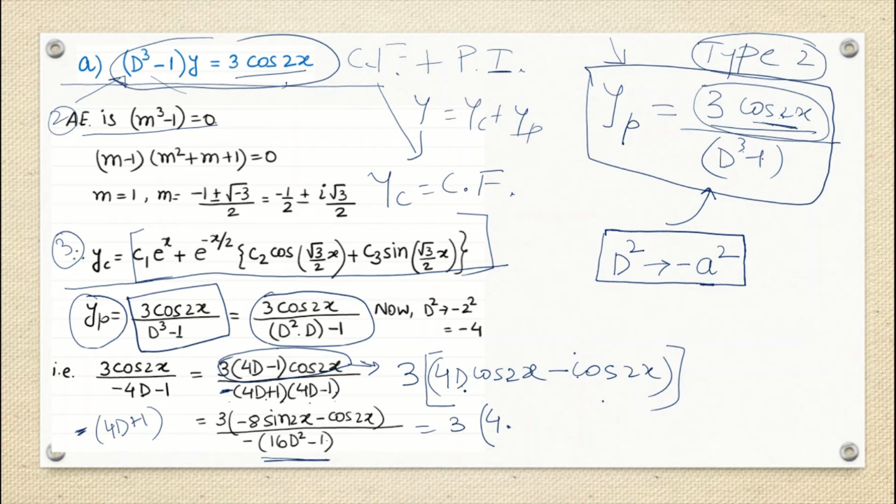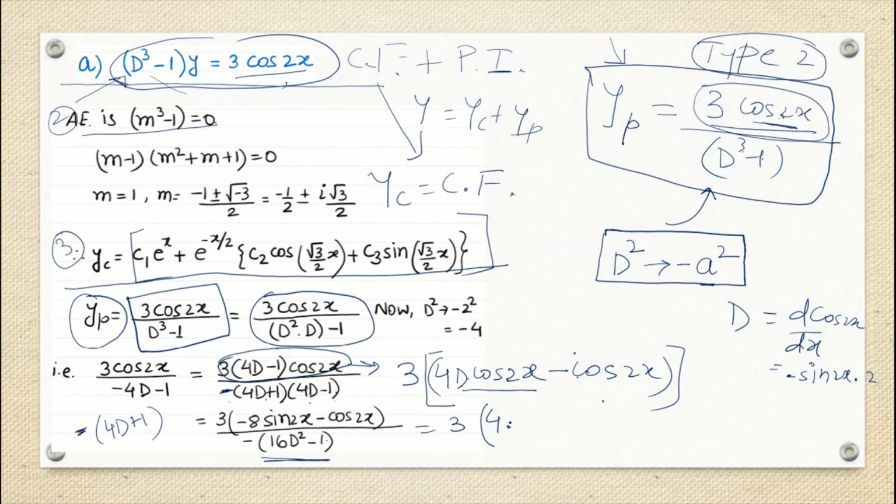What is D cos 2x? D is what? We have seen that D is nothing but d by dx, correct? This is derivative, this is d by dx. So d by dx of cos 2x. D by dx of cos 2x will give you how much? This is nothing but minus sine 2x, and then d by dx of 2x will give you how much? 2. So this is minus 2 into sine 2x.